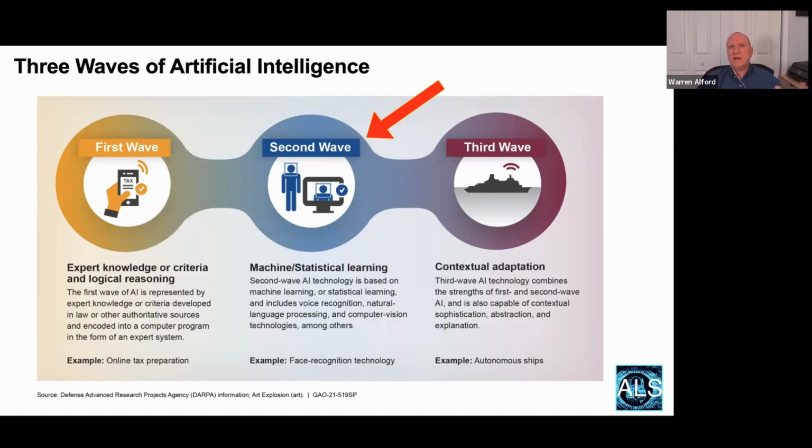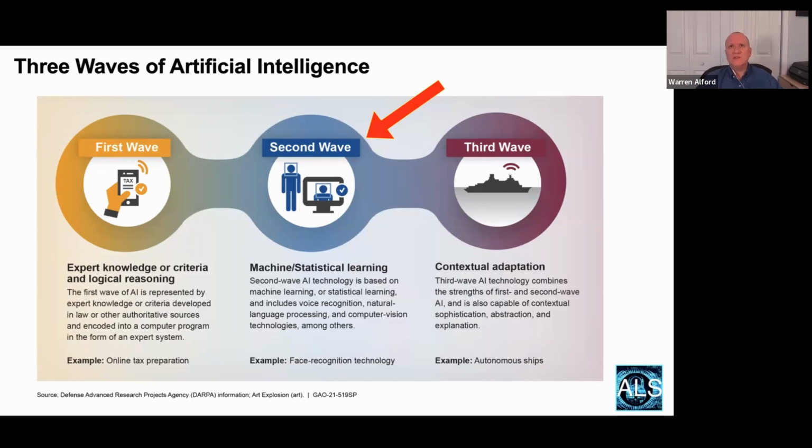So once that knowledge is put in, if it has the capability for machine learning, which is the second wave, then it will start to learn from the inputs. Again, going back to an example of ChatGPT, where you can give it a thumbs up or a thumbs down for the response, it's actually learning from that as it goes through. That second wave, an example of that will be facial recognition technology.